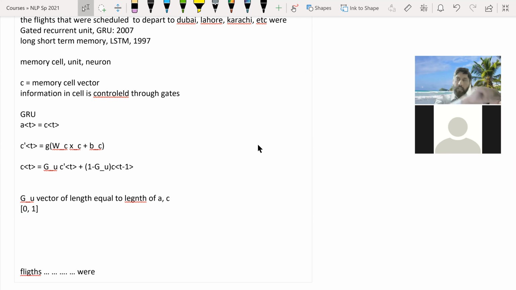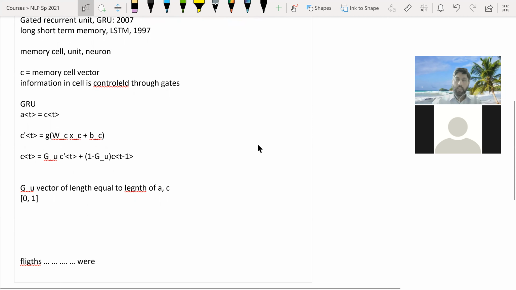It means that flights की information completely pass on होगी to were, और बीच में जितने भी words थे उसकी information हमने नहीं include की. ठीक है? So now we have complete memory of flights from way back when we even reached were. And of course, this happened when G U remained 0 after flights until were.